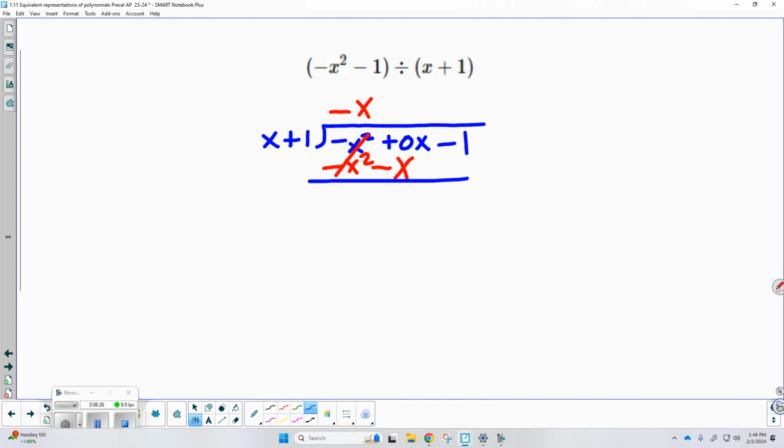Those are going to cancel because we what? It's the opposite of addition. We subtract. Okay. So see, when I subtract, that's actually a negative x squared plus x squared. That's why they cancel. So how many x's would I have here?